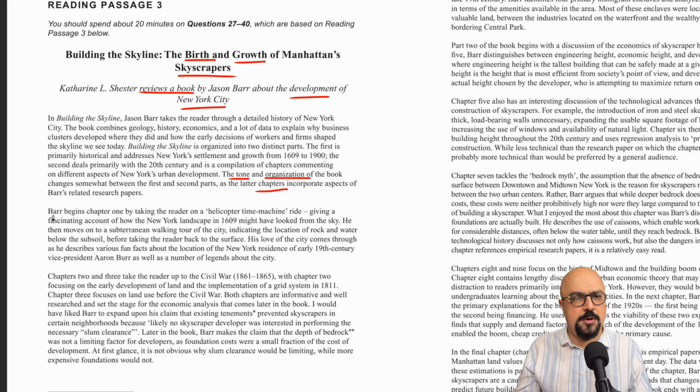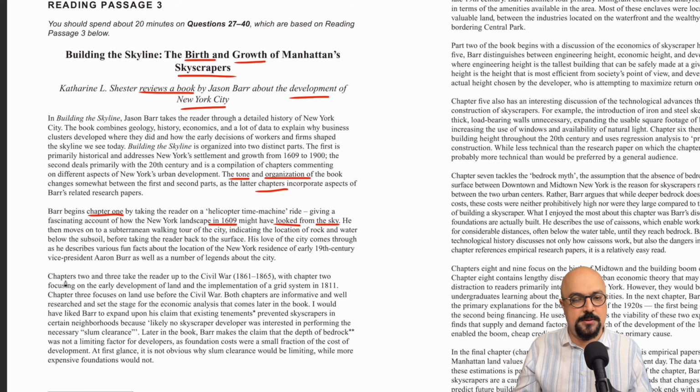Barr. So who is Barr? Barr is Jason Barr here. Yes. Barr begins chapter 1 by taking the reader. Okay, so this paragraph is about chapter 1, giving a fascinating account of how the city might have looked. Okay, so it's about the look of the city from the sky. Chapters 2 and 3 take the reader up to the Civil War.